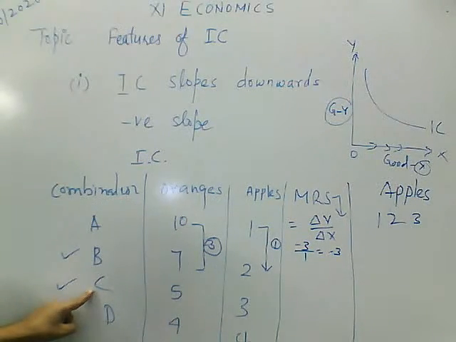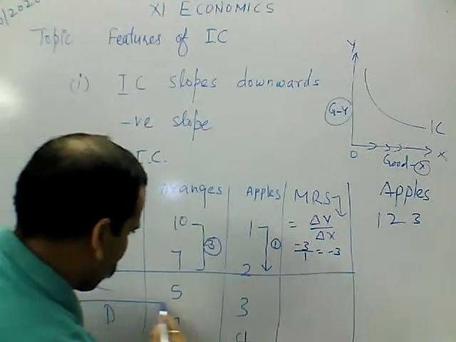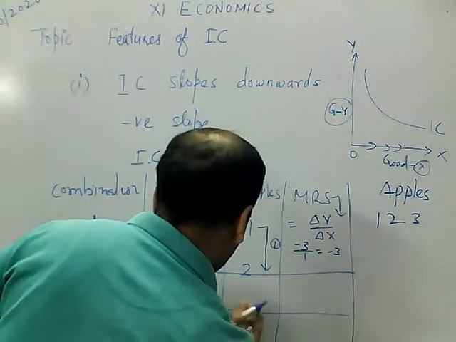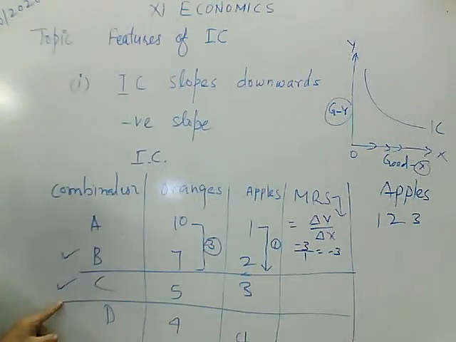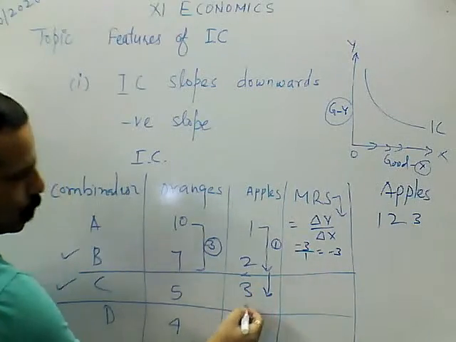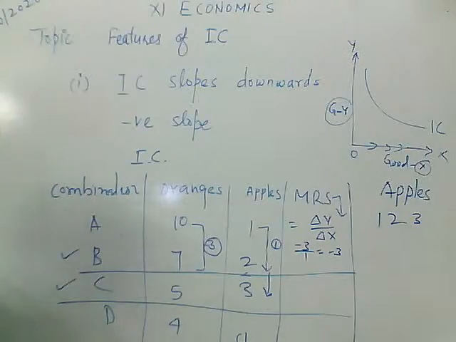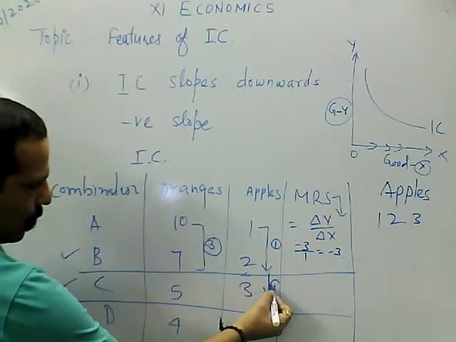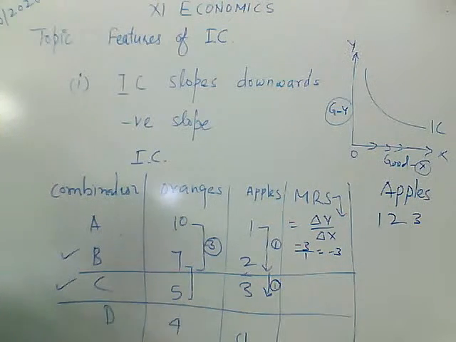Now the C combination. When you move from 2 to 3, meaning one more unit of apple, you have to sacrifice a few more units of oranges.